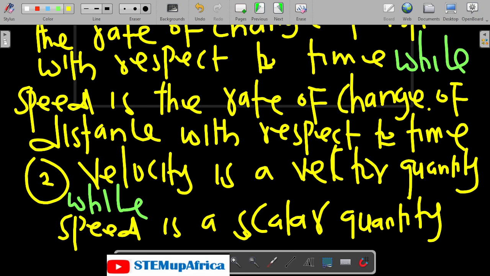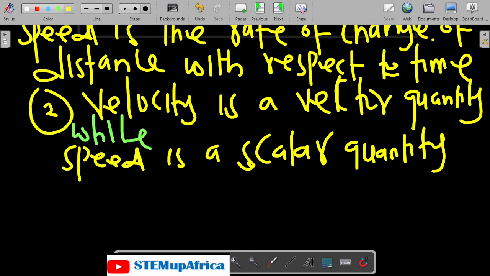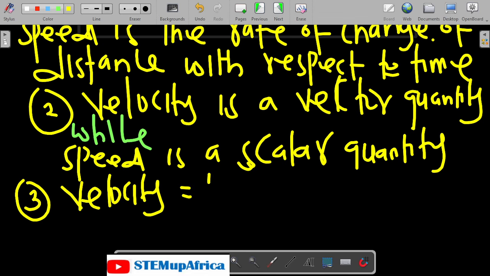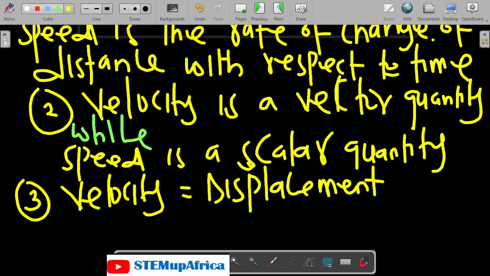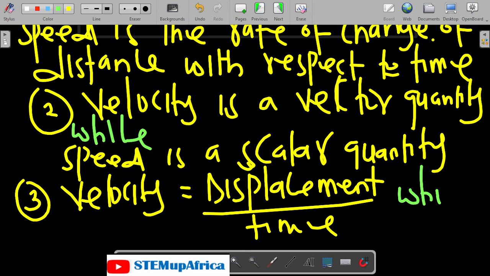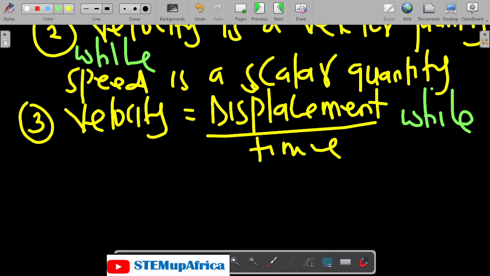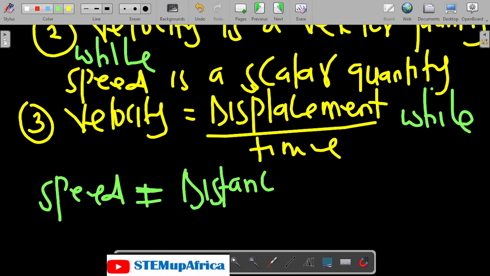Then 3, I can still use their formula to define them. Velocity is simply displacement over time. Speed is equal to distance over time. So these are the 3 differences between speed and velocity. You can write any one of them as the differences.